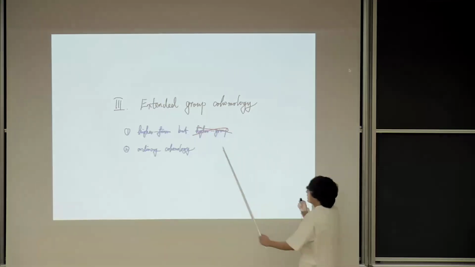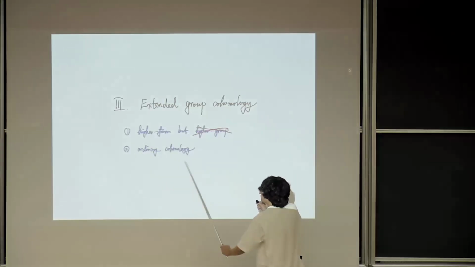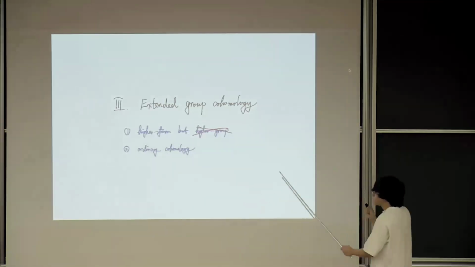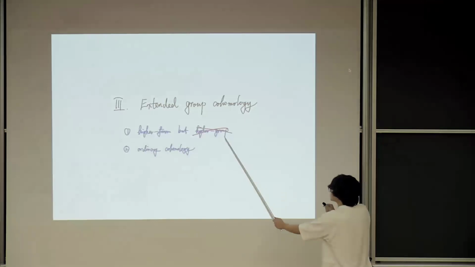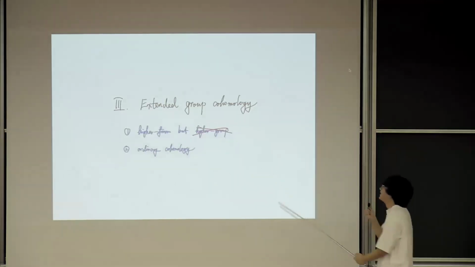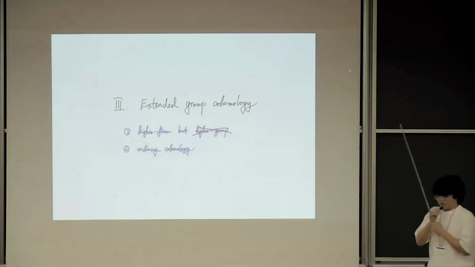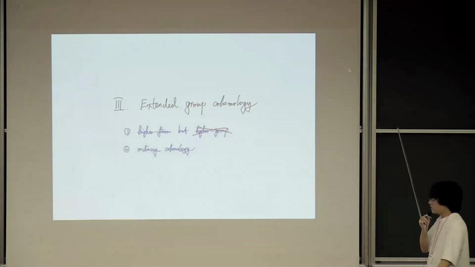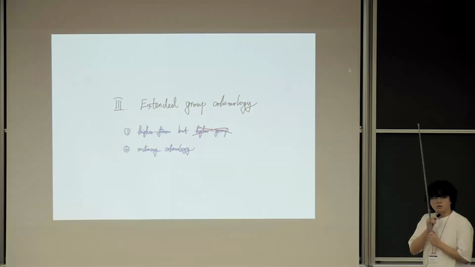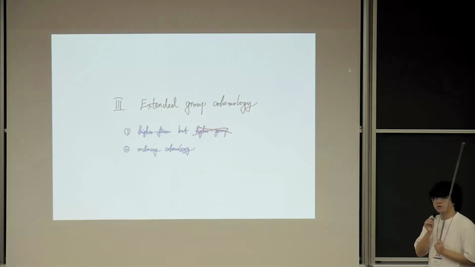And then I will just consider ordinary cohomology. I will not consider generalized cohomology. So as you see, this is so simple compared to what I wrote on the last slide. But still, we can already see some interesting algebraic structure here.